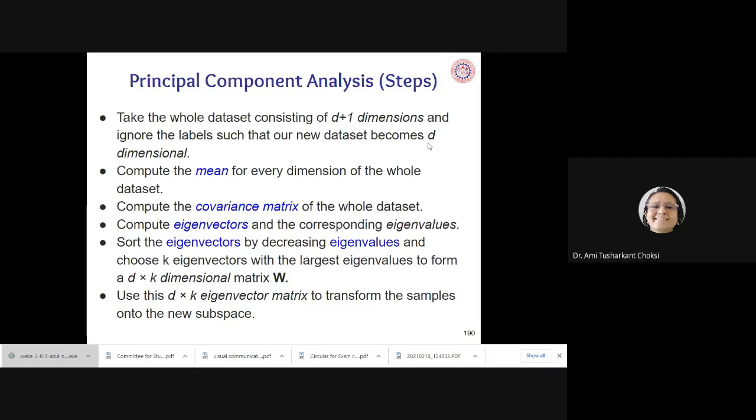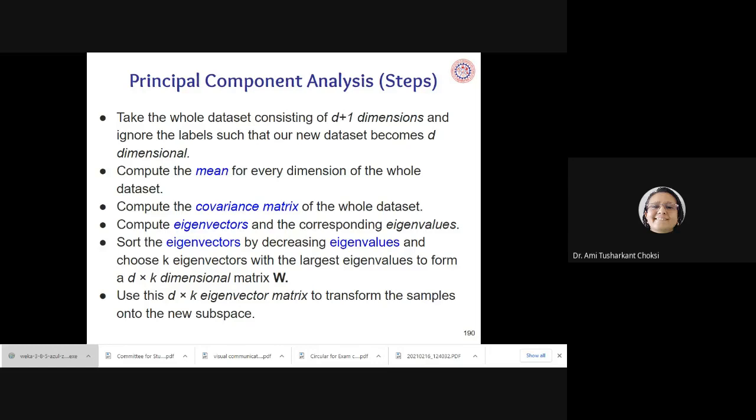First we consider that we have d plus 1 dimensions, then we ignore the labels so that our new data set becomes d-dimensional. So one dimension is removed. Now compute the mean for every dimension of the whole data set. We want to find the data set's mean.